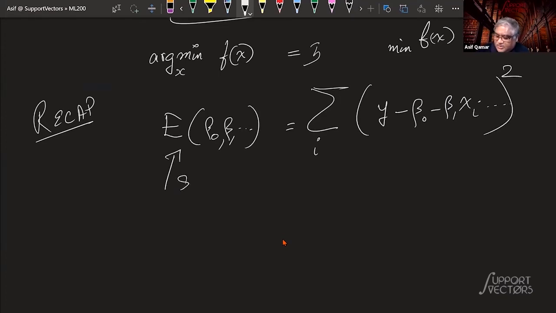This is the sum squared error, over all data points.